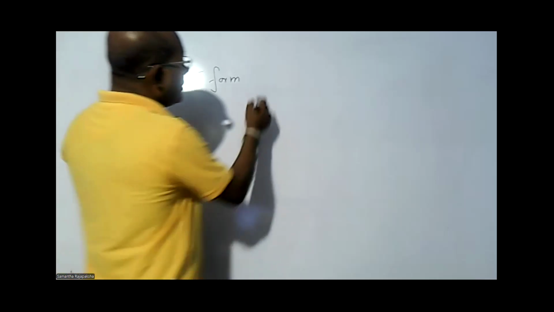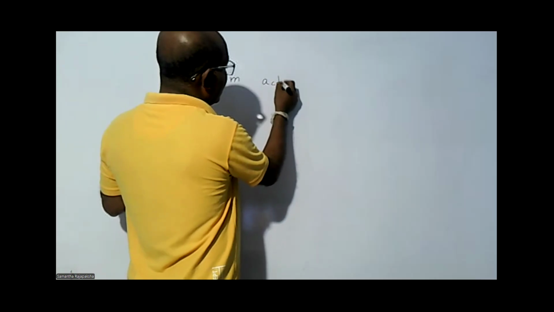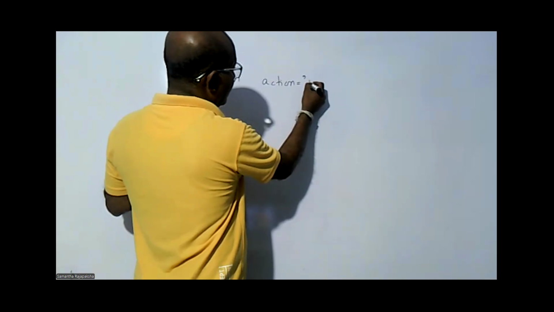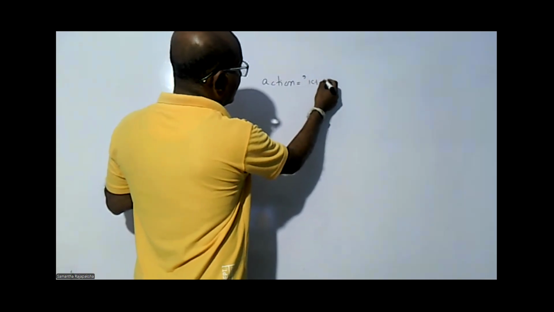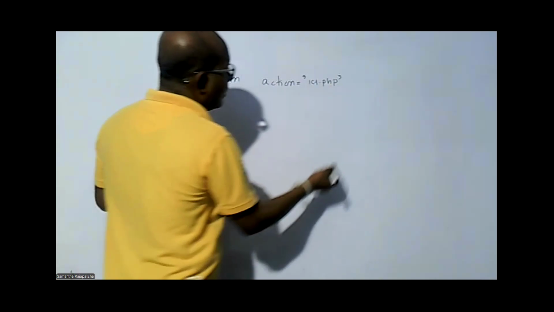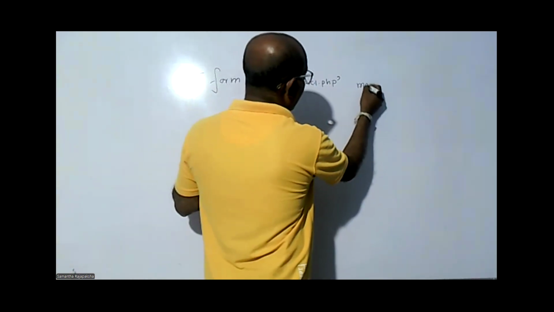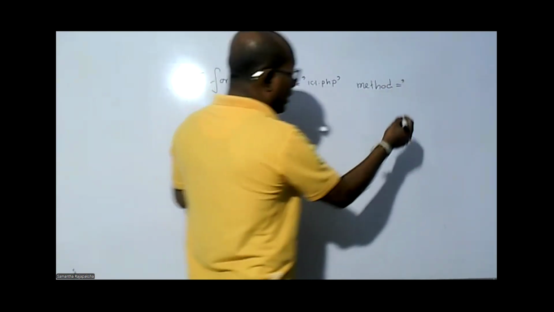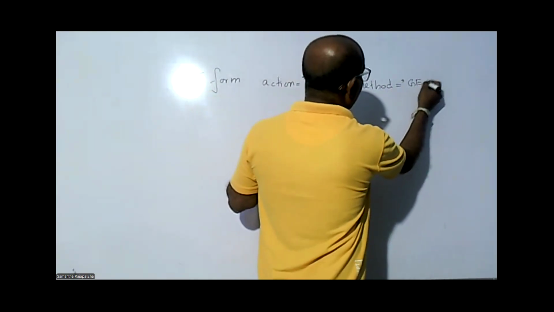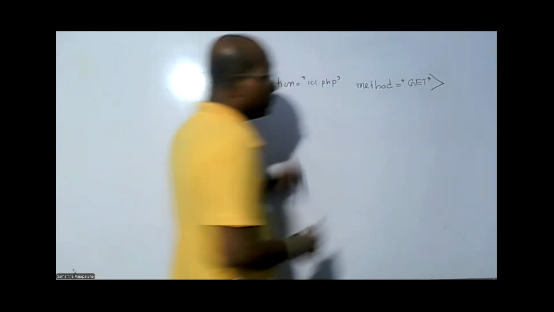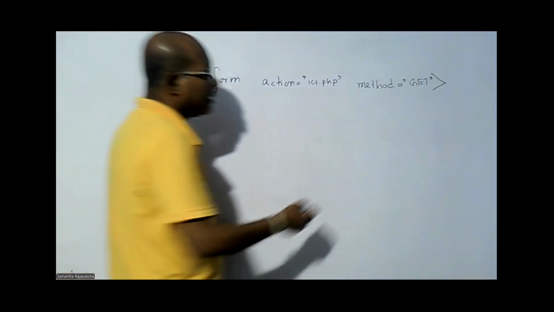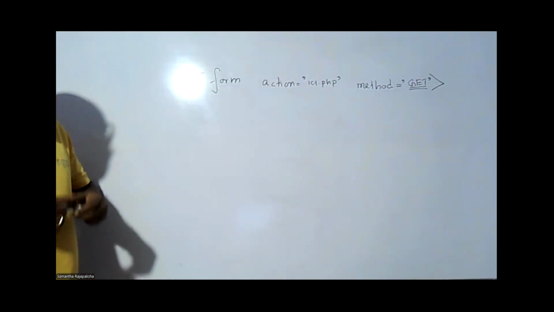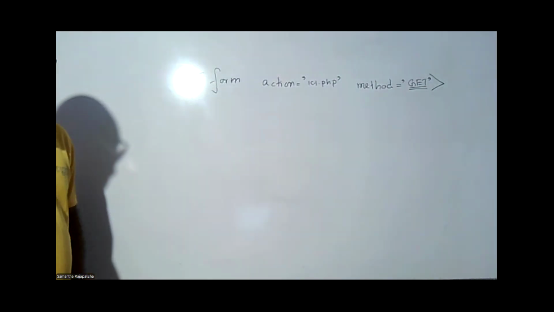One of them is action, and the other is method. In this method, you can write either get or post. Remember, in this place you can use either a get or a post method. One of them can be used.